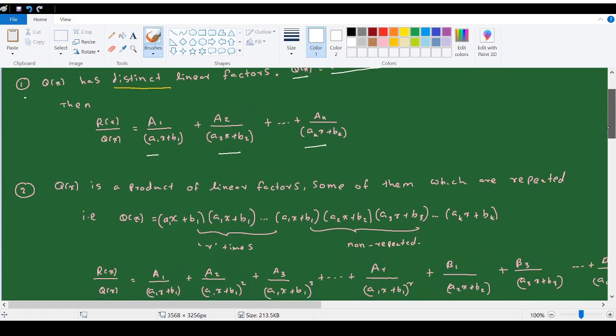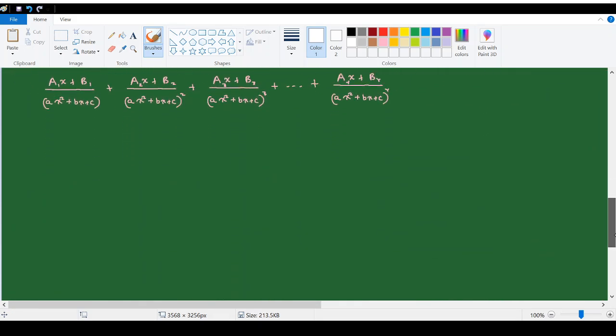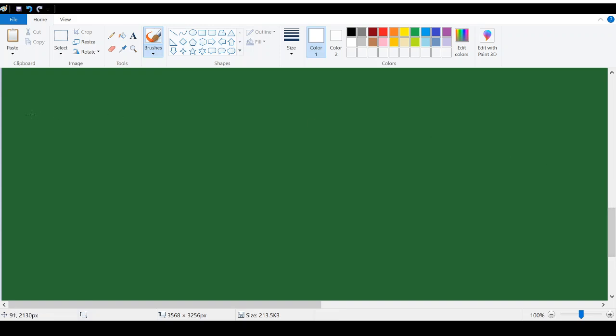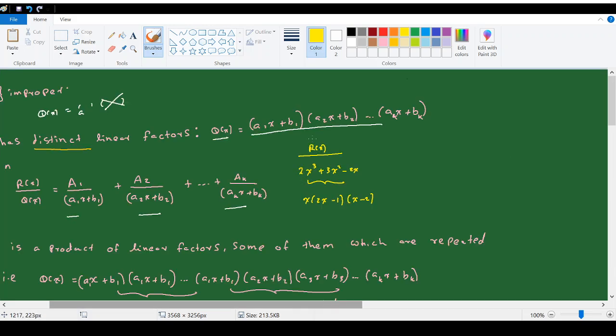Now here, if we take an example for that first category, which is this one. Now the numerator can be any polynomial, but say if the denominator is 2x cubed plus 3x squared minus 2x, then this can be factorized like this.